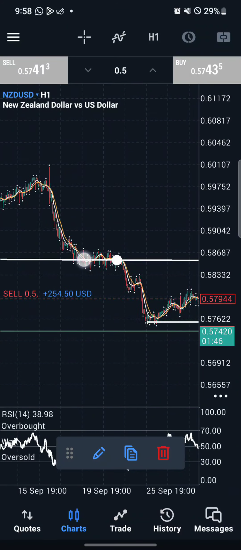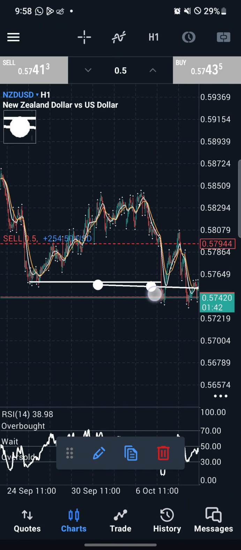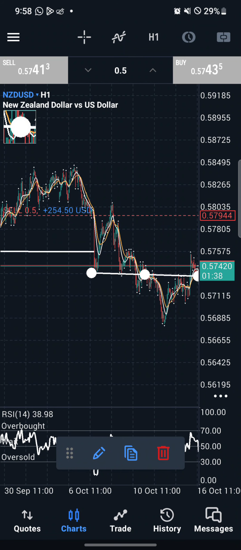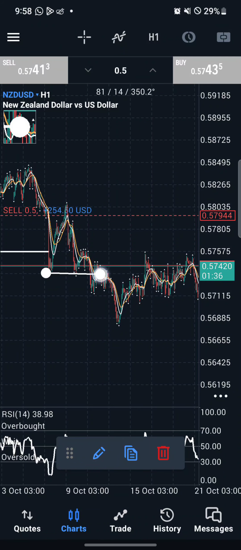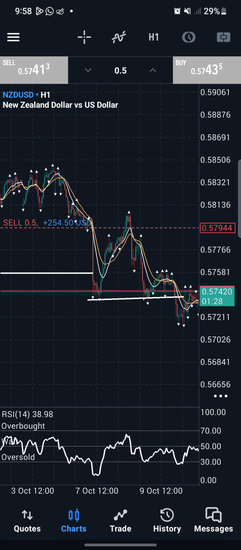There's still another minor break of structure here. At this joint, this is break of structure. Now this is how I get the setup that I just triggered this morning.